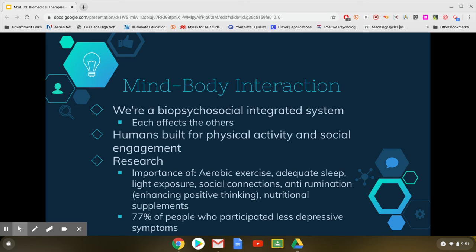If we're really going to address treating someone with mental illness, we need to look at them not just from any one perspective or any one angle, but really we need to be looking at the person as a whole and all of these biological elements, all of the psychological elements, and also all of the social elements, both on looking at the cause of their mental illness as well as how to treat it.